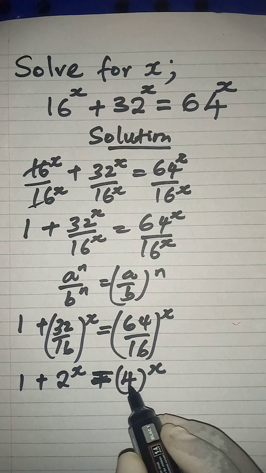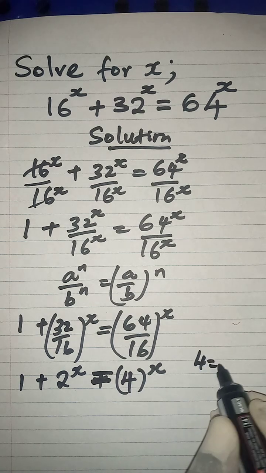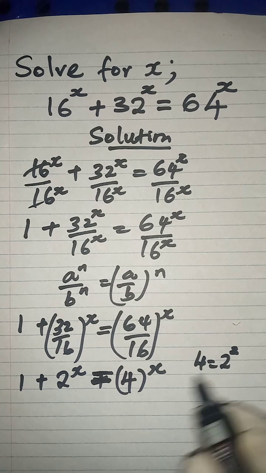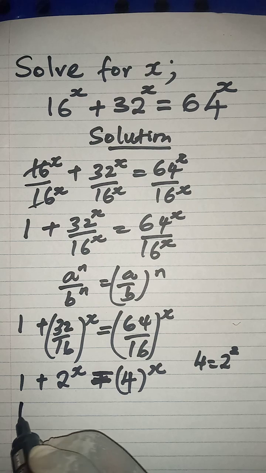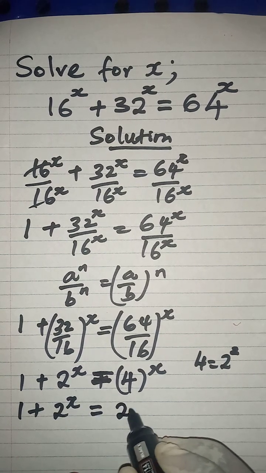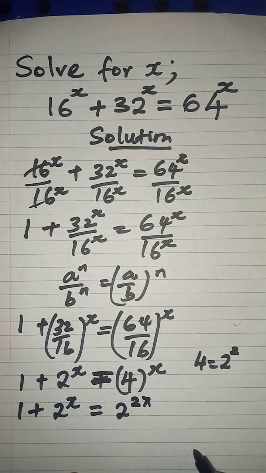Of course, 4 can be written as 2 squared. So I'll write 4 as 2 squared and replace it here so that I get 2 raised to 2x.